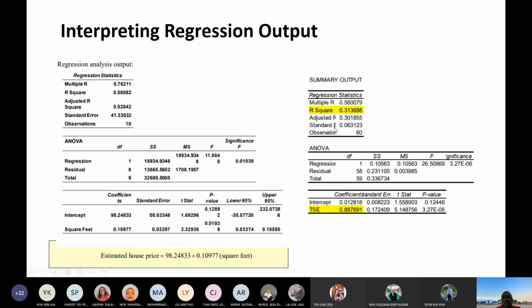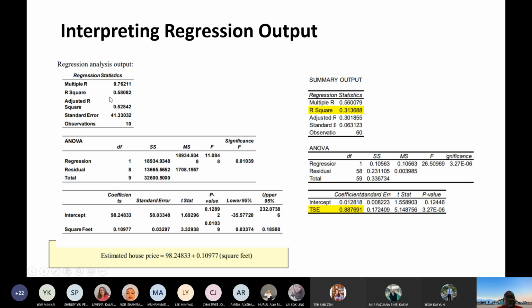For example, in this chart, we see R square here, shaded yellow, then R square at the other side. In all regression statistics, after multiple R, the next thing is R square.